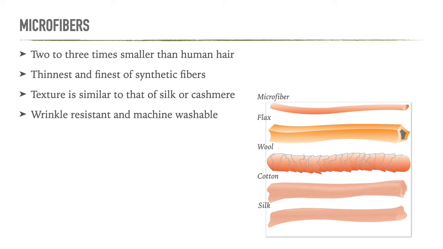So the image here compares the size of microfiber to flax, wool, cotton, and silk. Microfibers are widely used in many apparel categories such as women's wear, menswear, and activewear. As you can see from the image, microfiber is much smaller than the other 4 fibers.